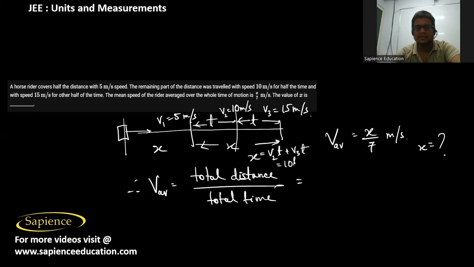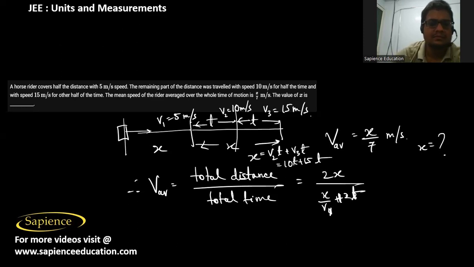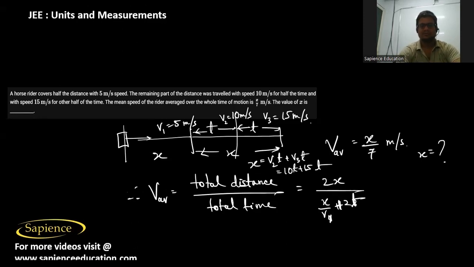It means that is 10t plus 15t. So this is equal to 2x divided by x by v1 plus 2t.